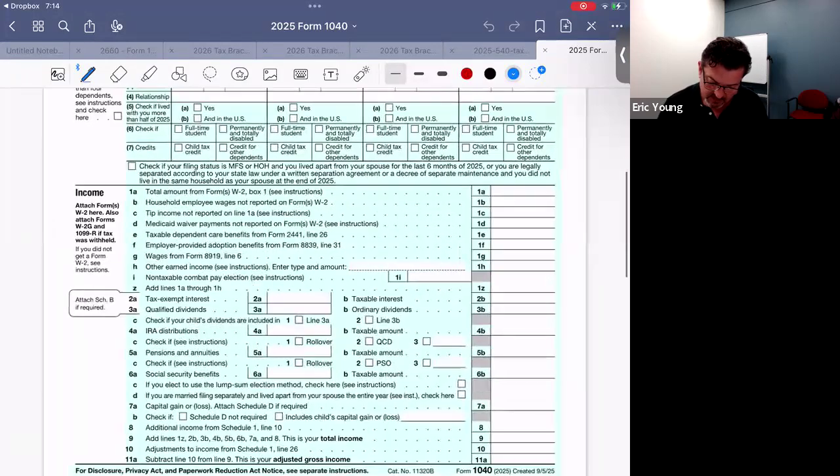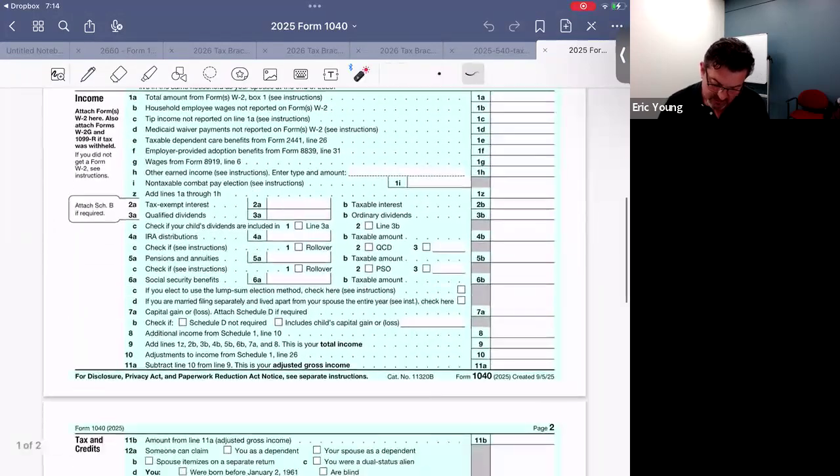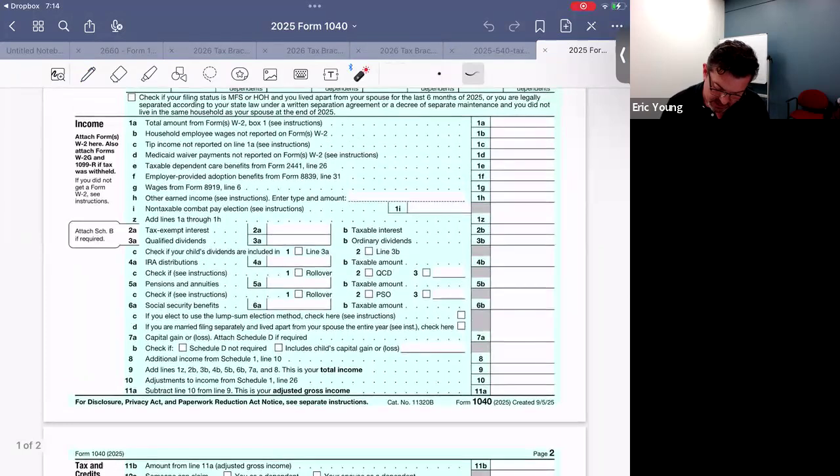You can see here that we have on line 9 the total income. And then on line 10, we have adjustments to the income. Because this is above the adjusted gross income, we always call the adjusted gross income the line.